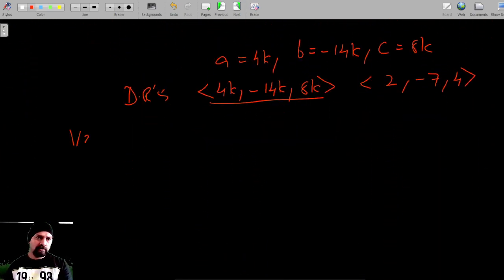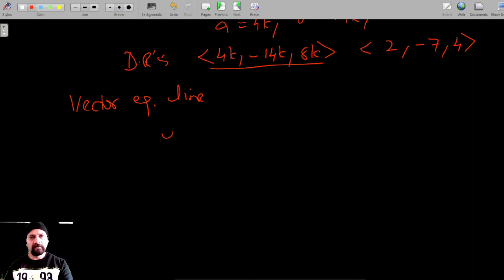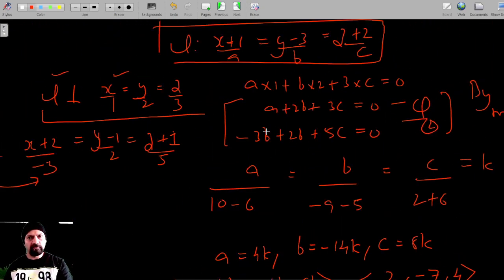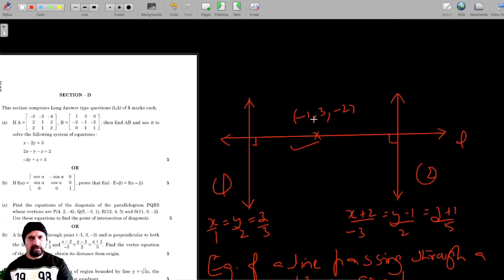Now the question asks us to find the vector equation of the line. So the vector equation of the line is r vector is equal to a vector plus lambda into b vector, where a is the position vector of the point through which this line is passing.